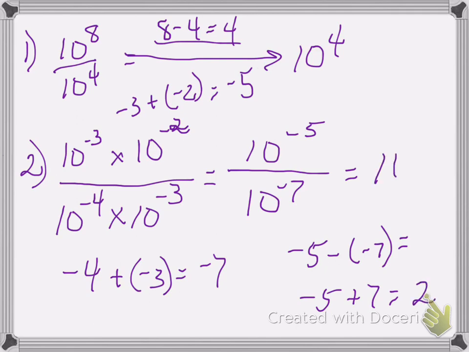And so the answer to the second problem is 10 to the 2. So there is using mathematical calculations with exponents, which will help us when we get to the next part.